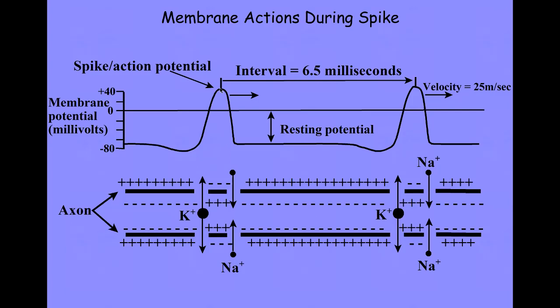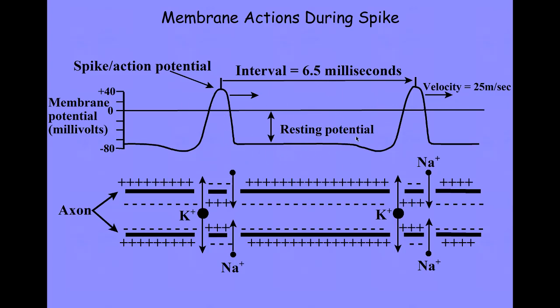So from negative 65 to positive 40, a change in polarity. Now, about the time we start to hit this peak, that causes our potassium channels to open, our sodium gates become inactivated, and we start to repolarize down towards resting potential. We enter into what's called the absolute refractory period.